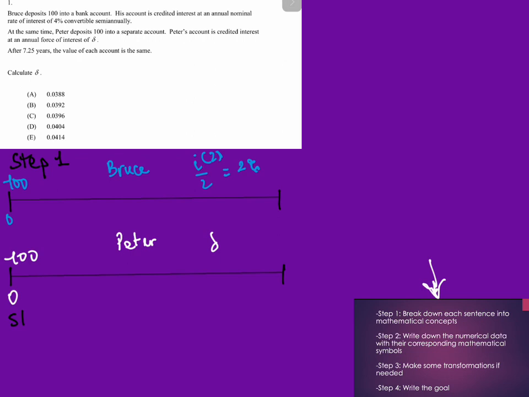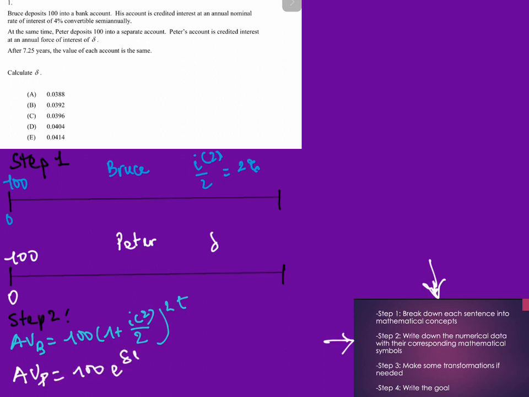So we then move to the second step, which is to write down the numerical data with their corresponding mathematical symbols. Here we go. The account value of Bruce at any time is written this way: 100 times (1 plus i^(2) over 2) to the power 2t. Same with Peter's account: 100 times e^(delta t).